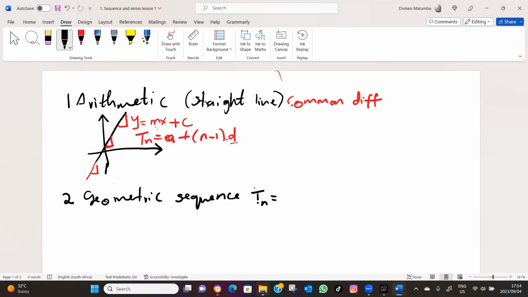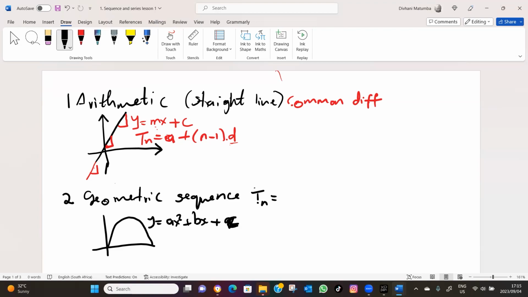Just like with the arithmetic sequences, the geometric sequence is a parabolic function. A parabolic function is given by the typical function ax squared plus bx plus c. My bad.